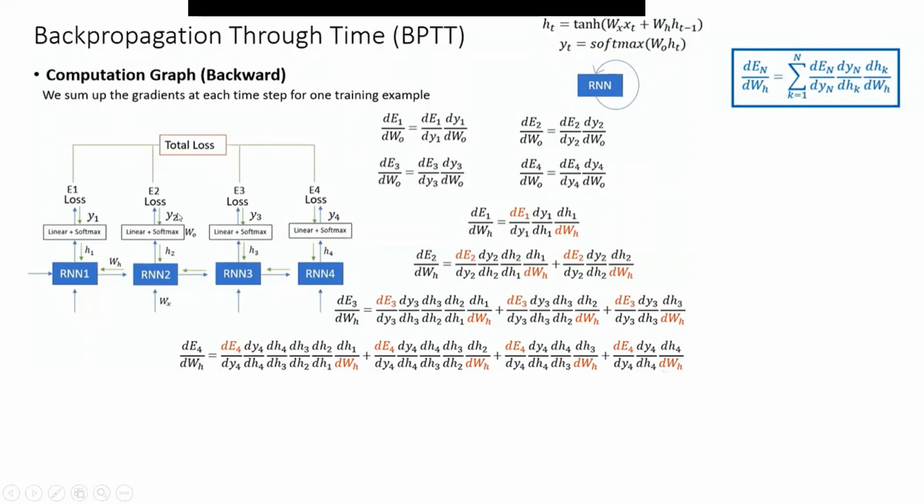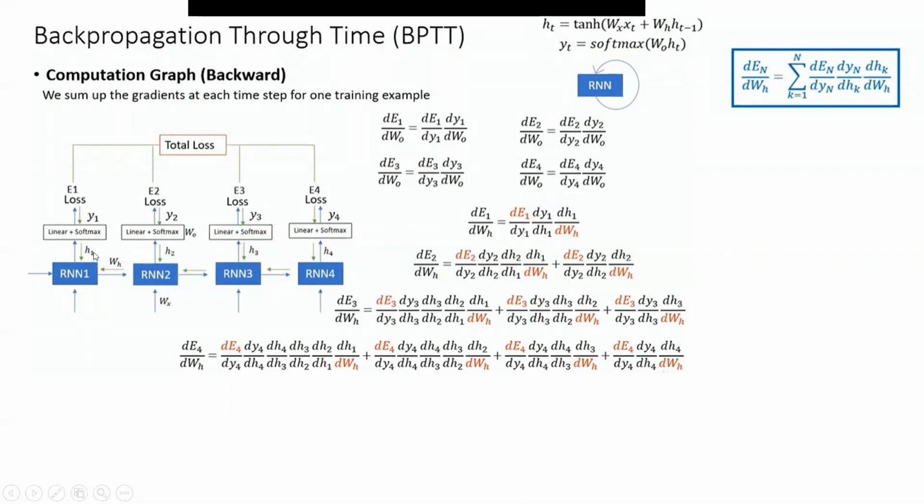Similarly, E2 with respect to Y2, and Y2 dependent on WO. Similarly for E3, E3 with respect to Y3, and Y3 with respect to WO. Similarly for E4. So this is how we calculate the gradient descent of the output layer.